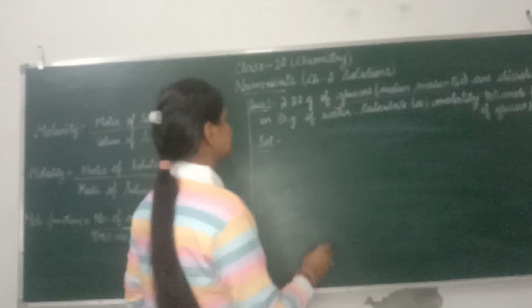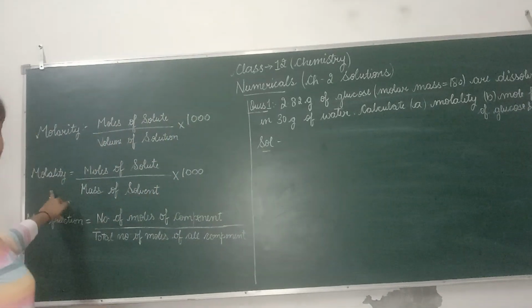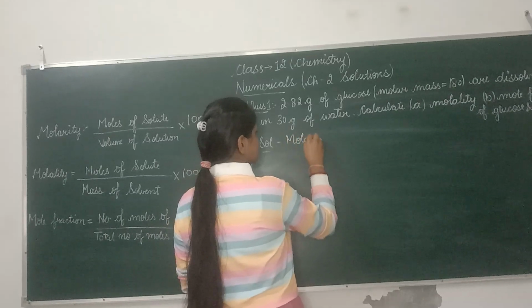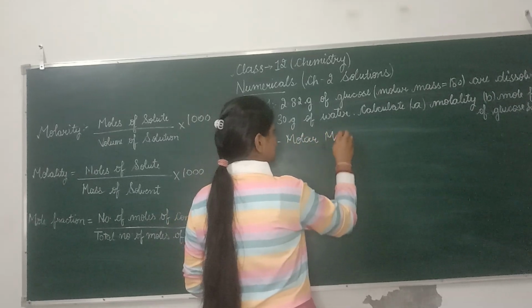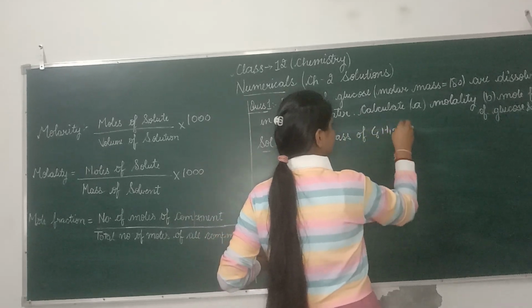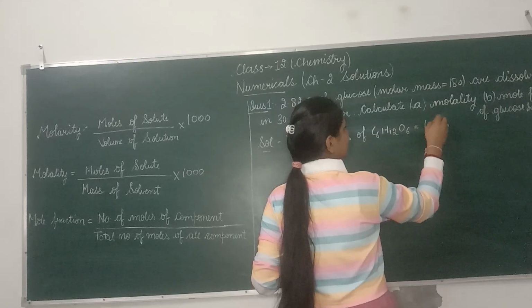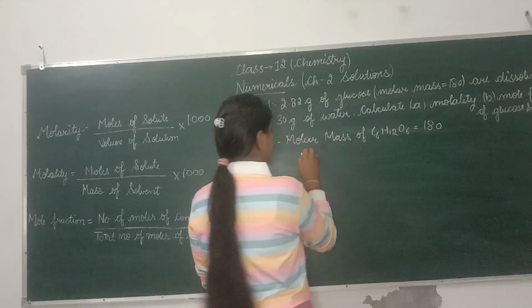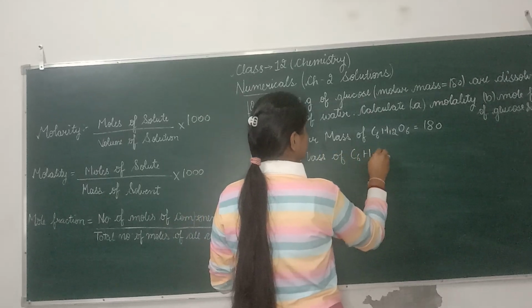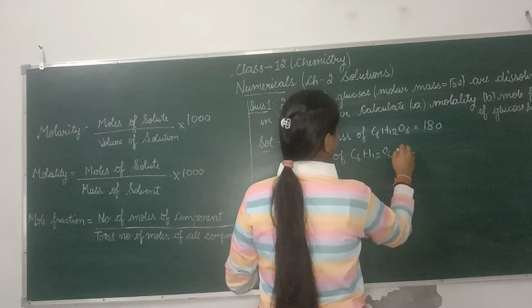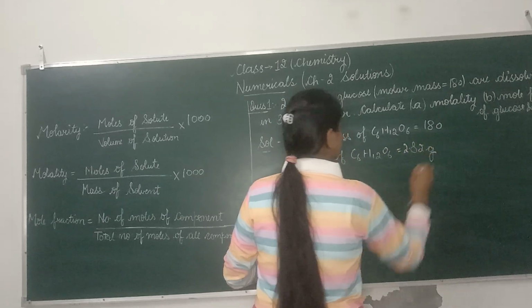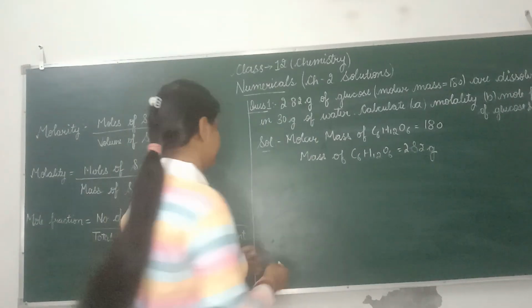First of all we have to calculate the molality. The molar mass of glucose is given to be 180, and the mass of glucose is given to be 2.82 grams, and we have to calculate the molality.